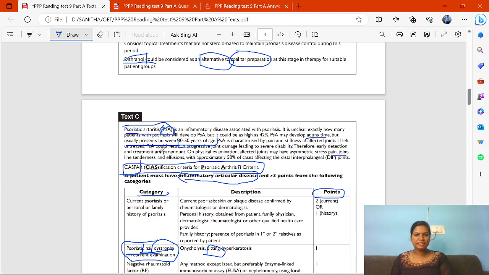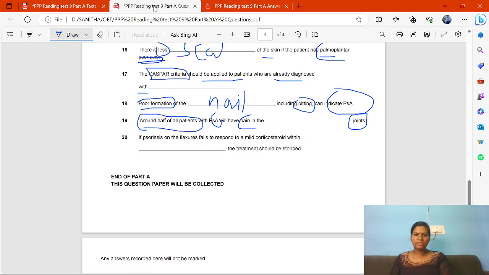Therefore, early detection and treatment are paramount. On physical examination, affected joints may have asymmetric stress pain, that is joint line tenderness and effusion, with approximately 50% of cases affecting the distal interphalangeal joints. So what is the question?